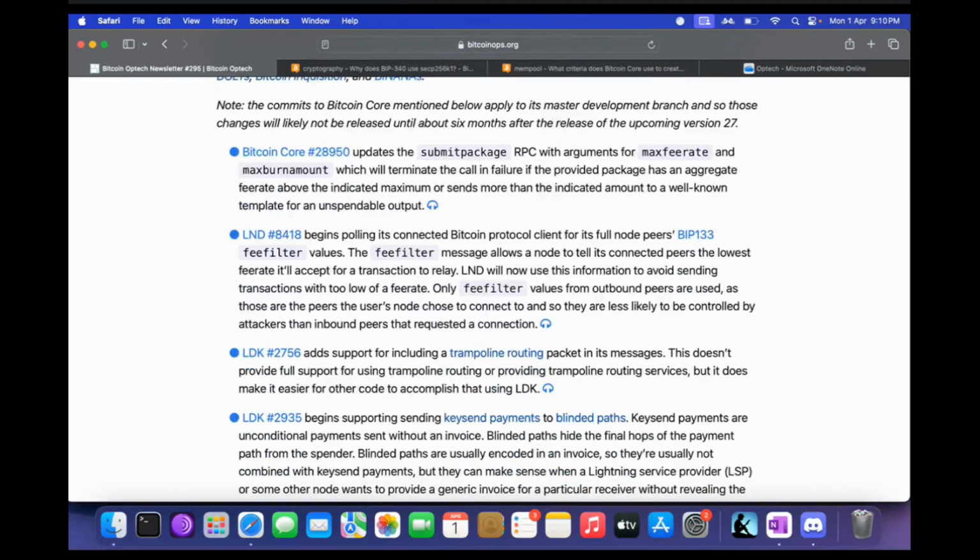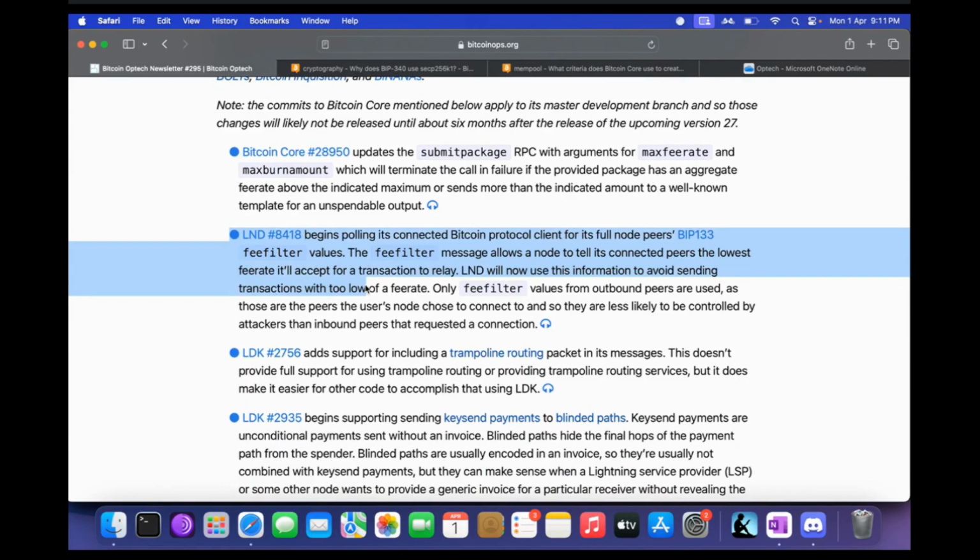LND PR number 8418 begins polling its connected Bitcoin protocol client for its full node peers' BIP113 fee filter values. So what this is about is, for instance, if you have an LND node which is connected to a Bitcoin node, because the Lightning network is not aware of the mainnet, right?